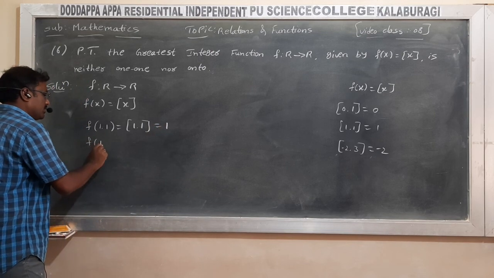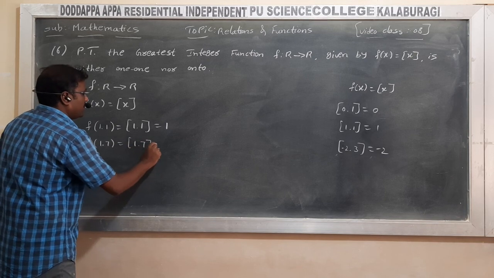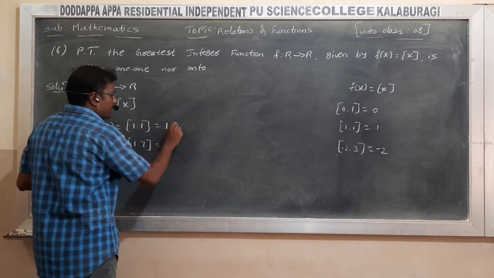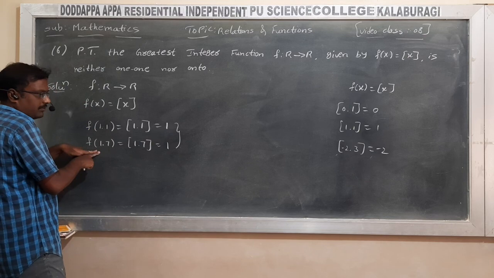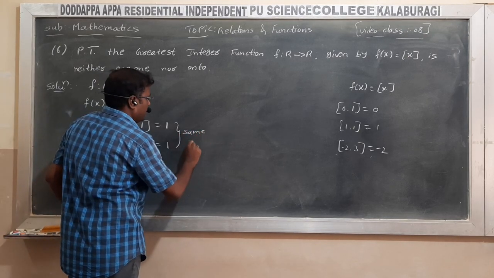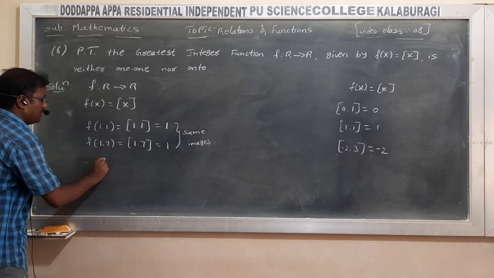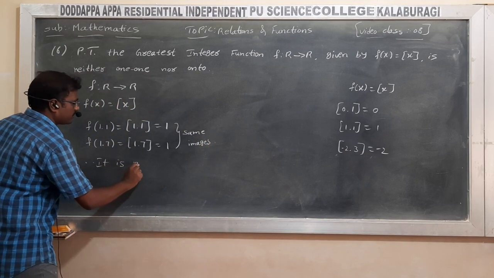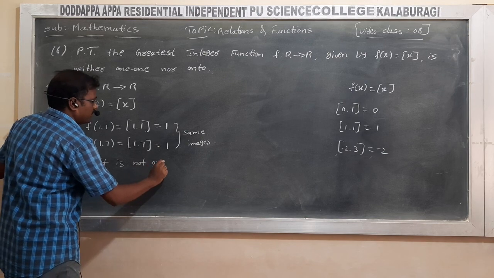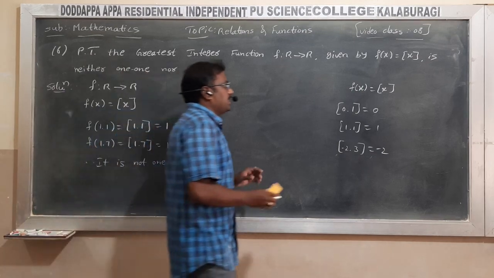If you take 1.7, again we get 1 only. So here different elements but the same images. Therefore it is not one-one.